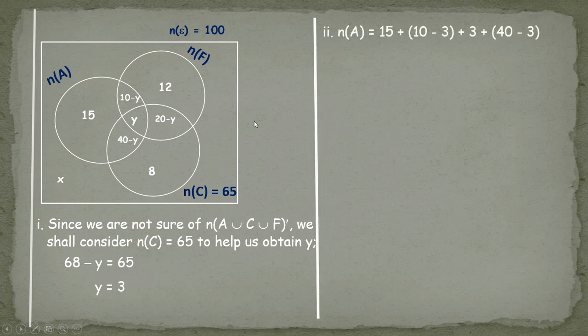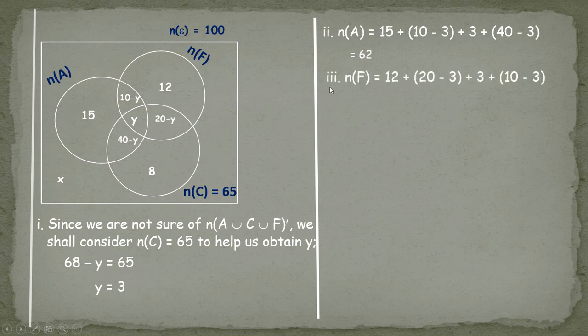So for the number of art, this is the circle of what you just added. 15, this is 10 minus 3, this is 3, this is 40 minus 3. So that gives us 62.